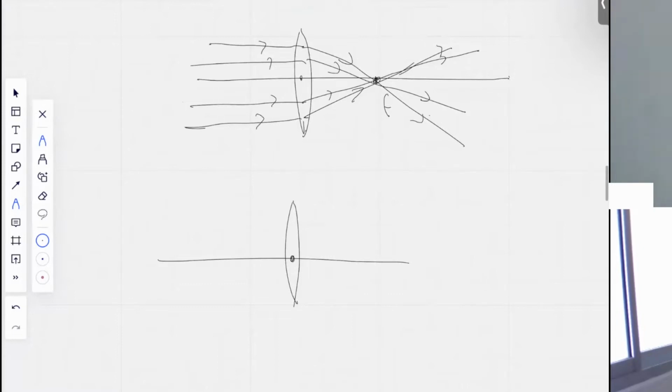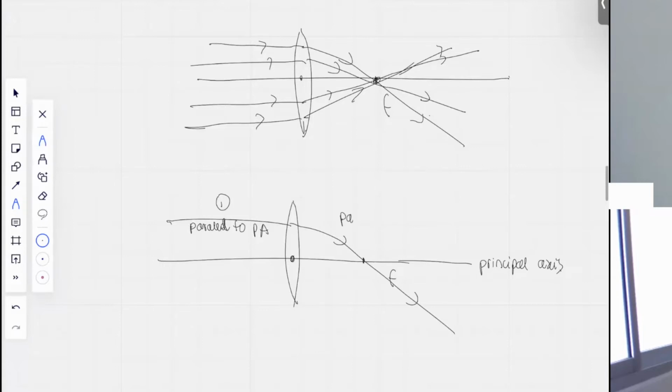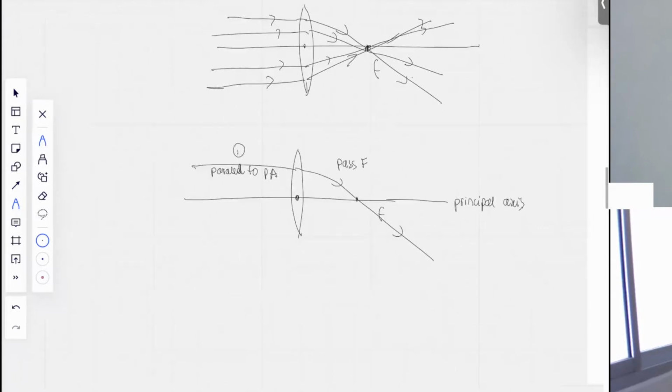Number 1 is parallel to the principal axis. This is the principal axis. Number 1 is parallel to the principal axis, then on the other side, it will pass through the focal point. This is the first type.